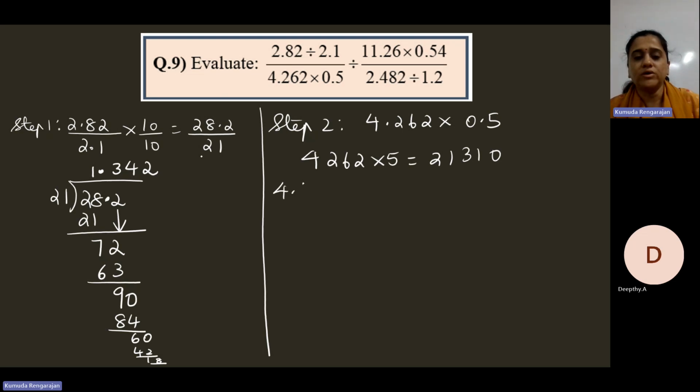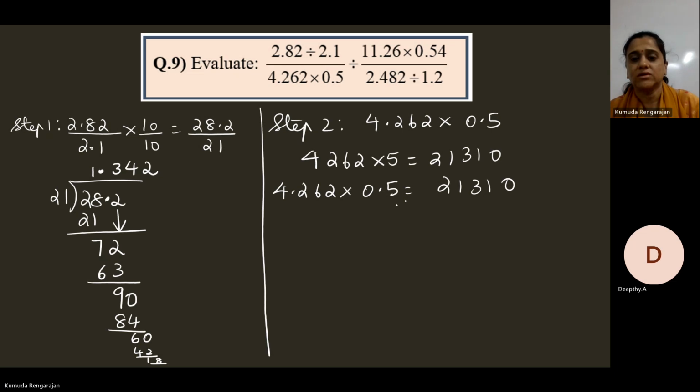Now 4.262 into 0.5, the product will be the same except that you'll have to place the decimal point. 1, 2, 3, 4 decimal places. So it'll be here. 2.131. Correct?